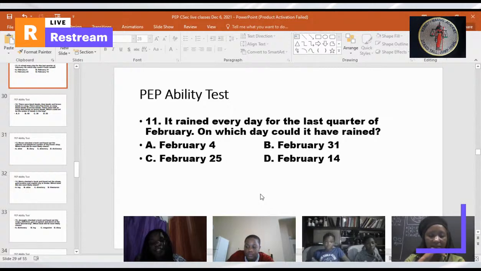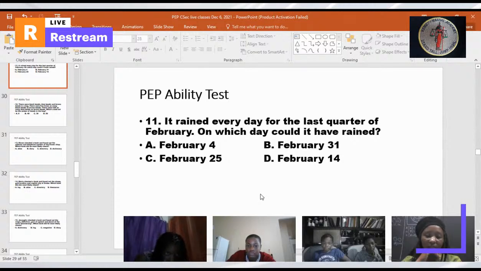Why do you say C? Miss, because February has 28 days normally, and February doesn't have 31 days, and the 25th is closer to the end than the 4th or the 14th. All right, so Jerry was almost right.